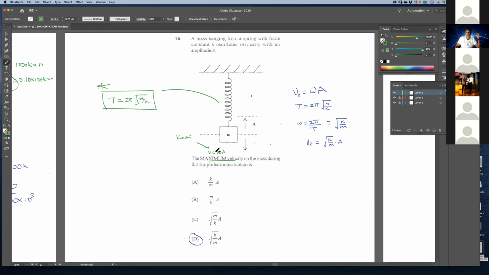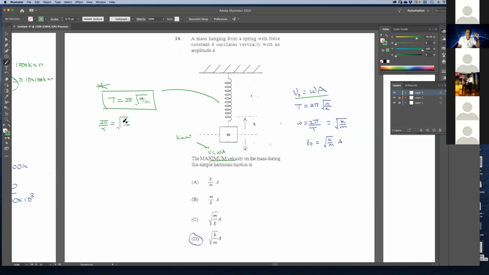That's where I started, that maximum velocity is equal to omega A. Omega is 2 pi on T. When I transpose and bring this T in the denominator, the root m over k flips when it goes on the other side of the equation.